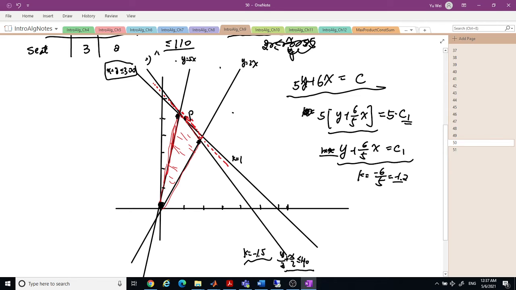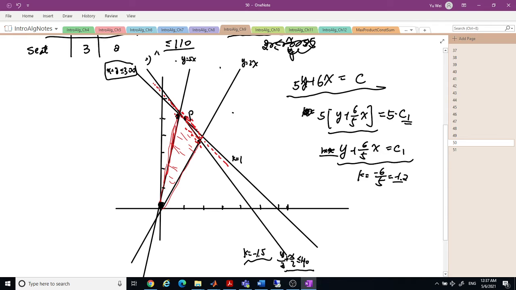So now let's see. Either we are here, we are in this region, right? Or we are here, we're still in the region, right?